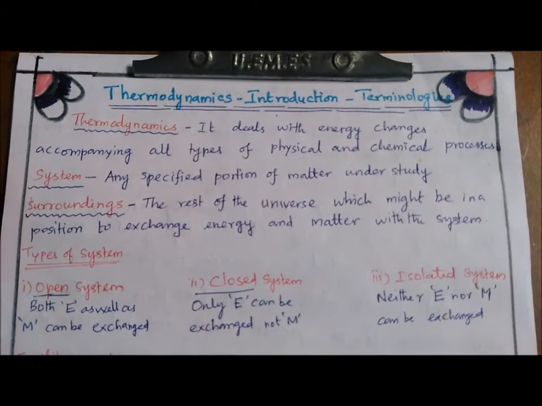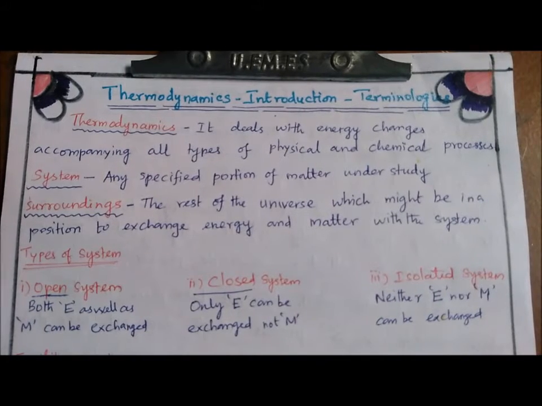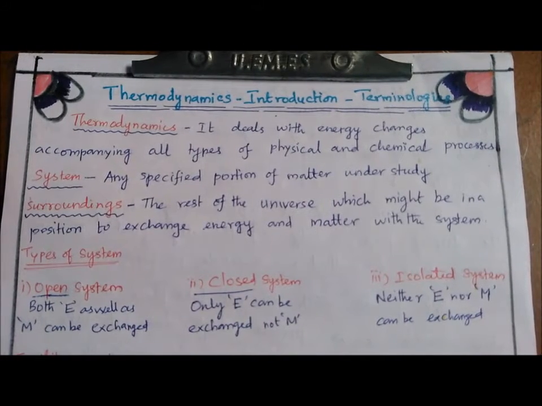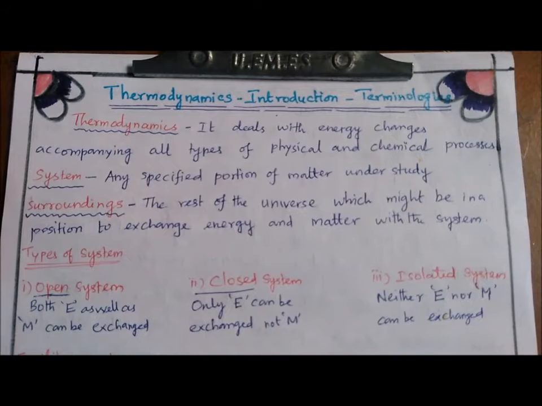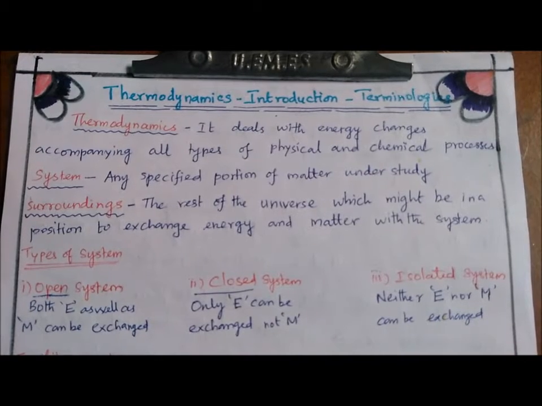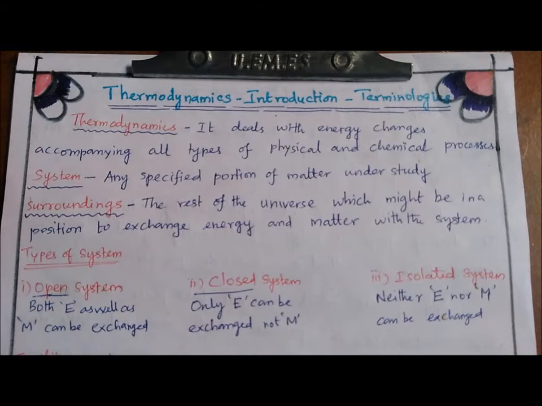It helps to predict whether a given process or a chemical reaction is feasible under the given conditions of temperature, pressure, and concentration. And thermodynamics also helps us to determine the extent to which a process, including a chemical reaction, can proceed before attainment of equilibrium.